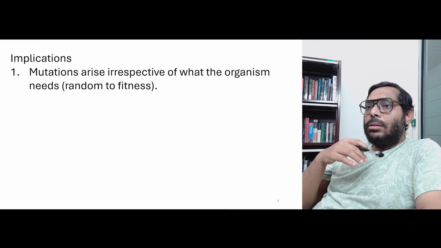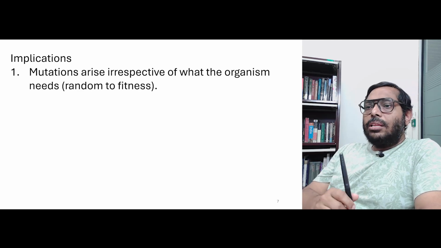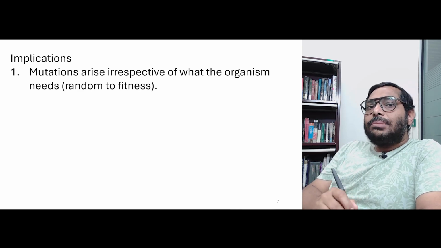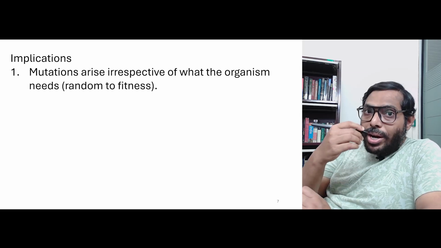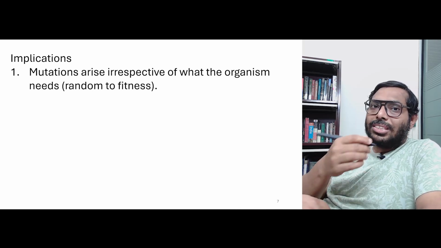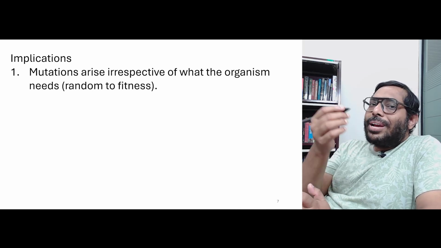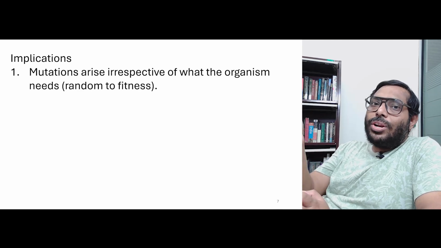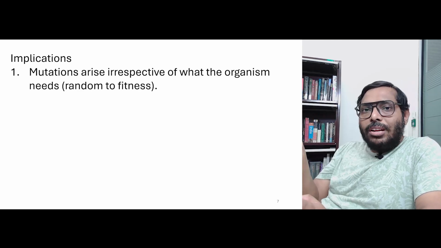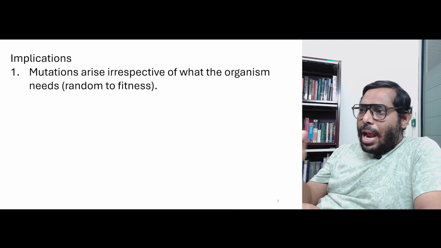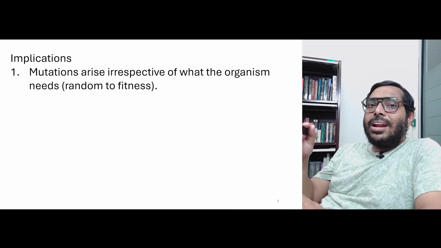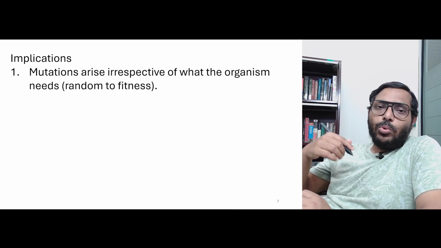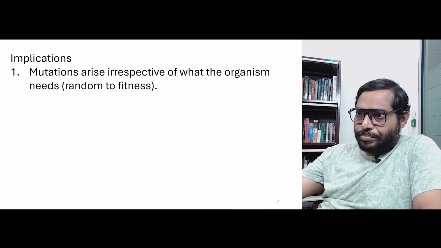So the implication of this is that the mutations arise irrespective of what the organism needs. Remember, at the point at which the mutations arose on the master plate, the bacteria had not met the phages. So there was no requirement for the phage, they arose independent of that anyway. And in that context, the mutations are random to fitness, random to the benefit or harm of the organism.